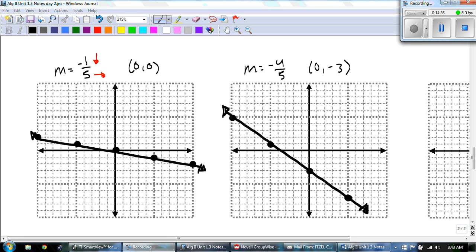And there is my graph. You are only able to go to this point, and then just remember to complete your pattern. I went down 4 and then to the right 5 because my slope was telling me down 4, right 5.